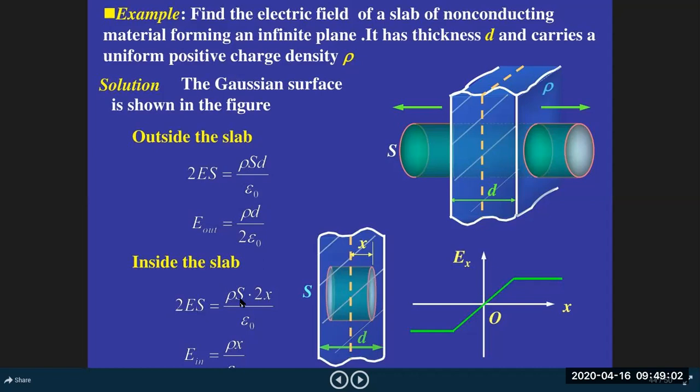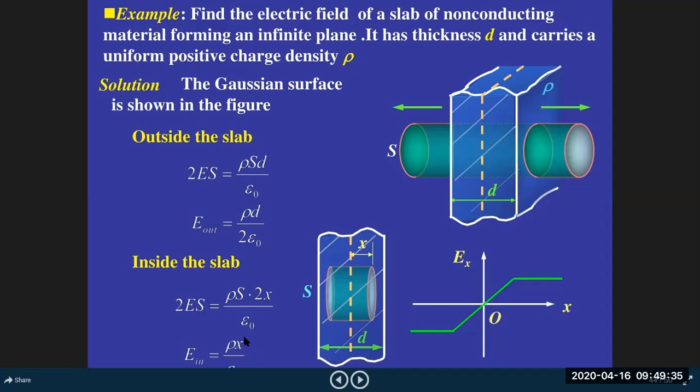So here the volume of this cylinder is equal to 2x into S. And volume into volumetric charge density equals the total charge enclosed by the surface. So we get rho into S into 2x. S will get cancelled out, 2 will get cancelled out. So electric field inside will be rho x upon epsilon naught.